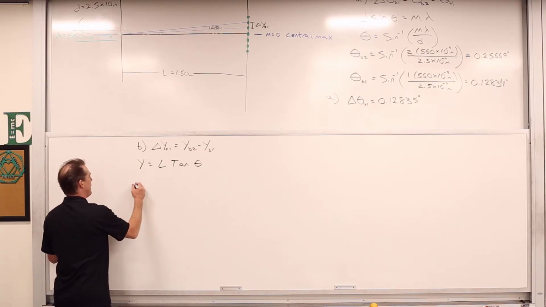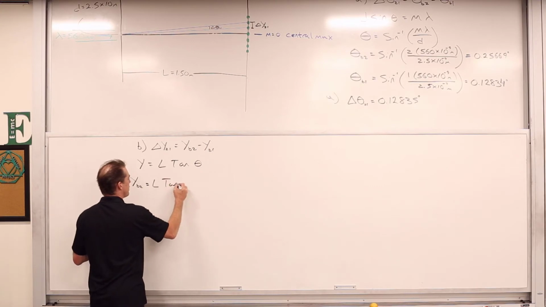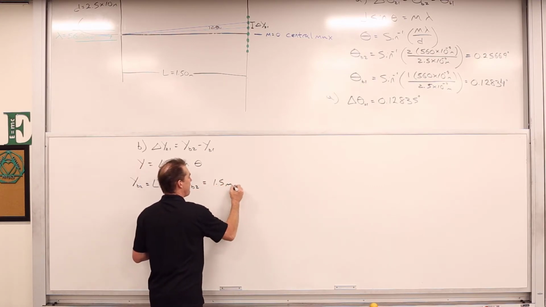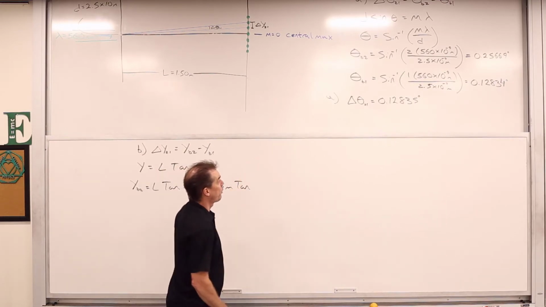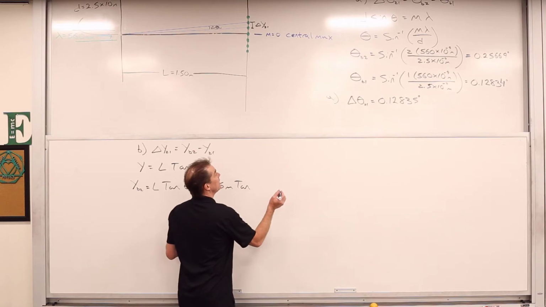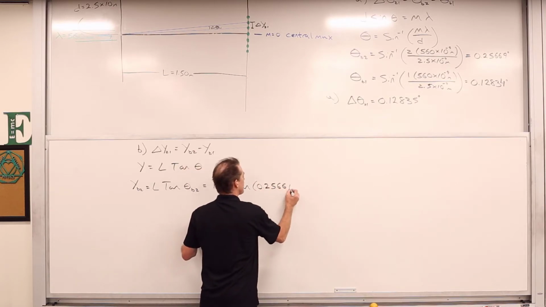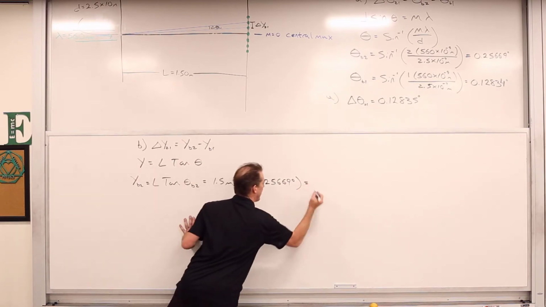So we can go ahead and say, well, yb2 is equal to L times the tangent of theta b2, which is then equal to 1.5 meters times the tangent of theta b2, which was 0.25669 degrees. And we get a number for that.